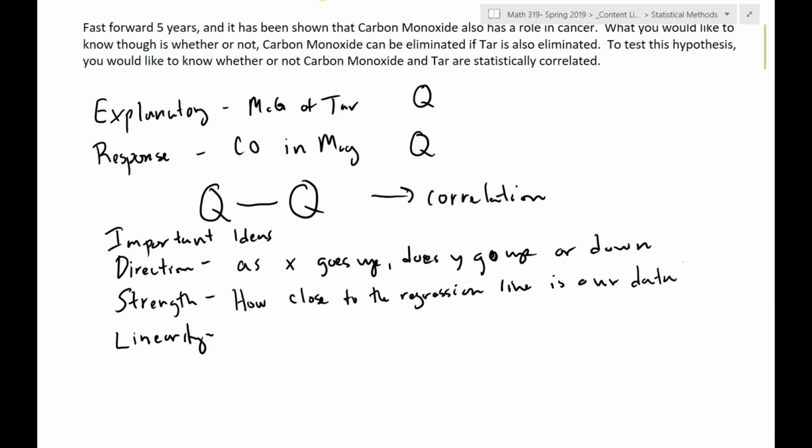And then linearity is, what's the shape of the regression? What's the shape of the pattern? So we've got these important ideas: direction, strength, linearity.